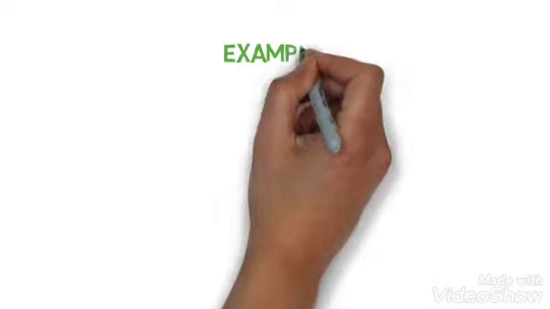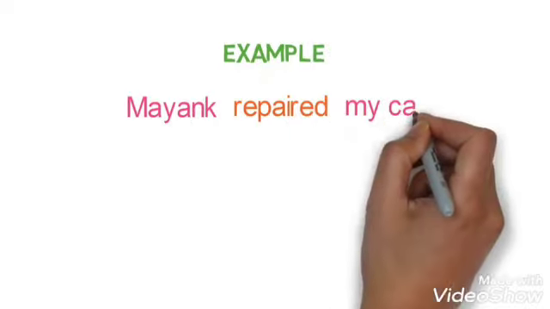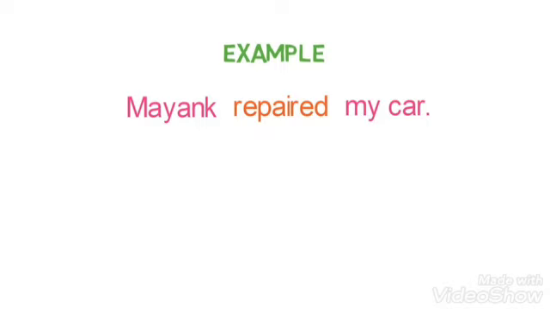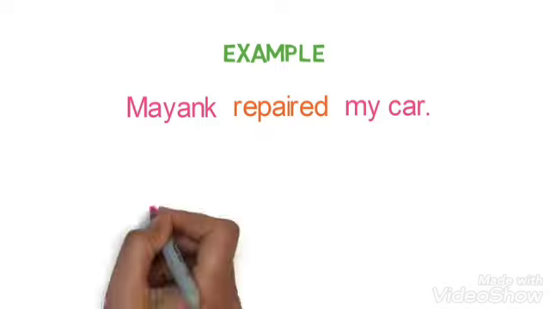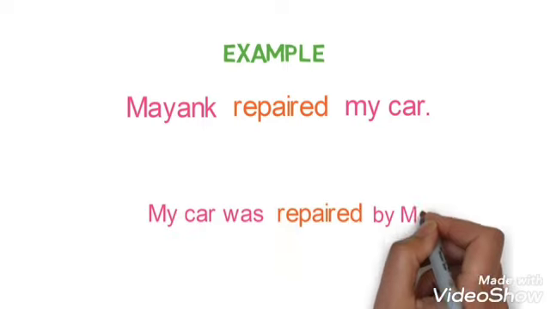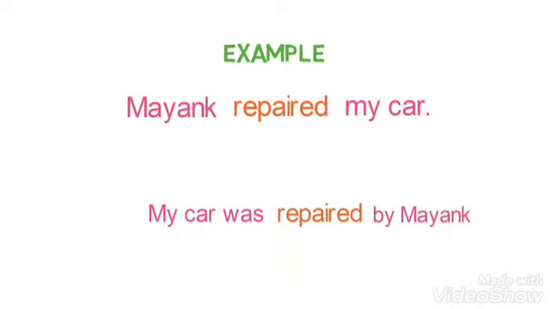Next we are going to learn an example of active to passive voice. The first example is: Mayank repaired my car. This is the active sentence. The passive sentence is: my car was repaired by Mayank.